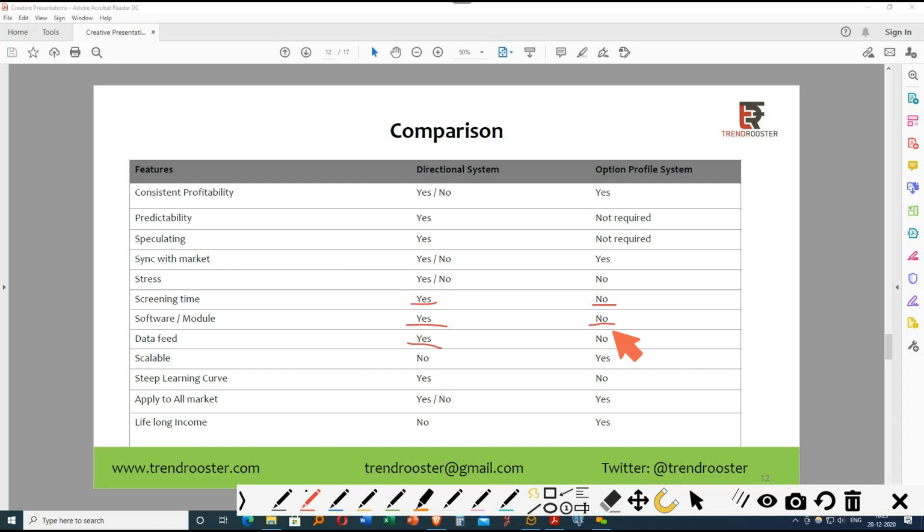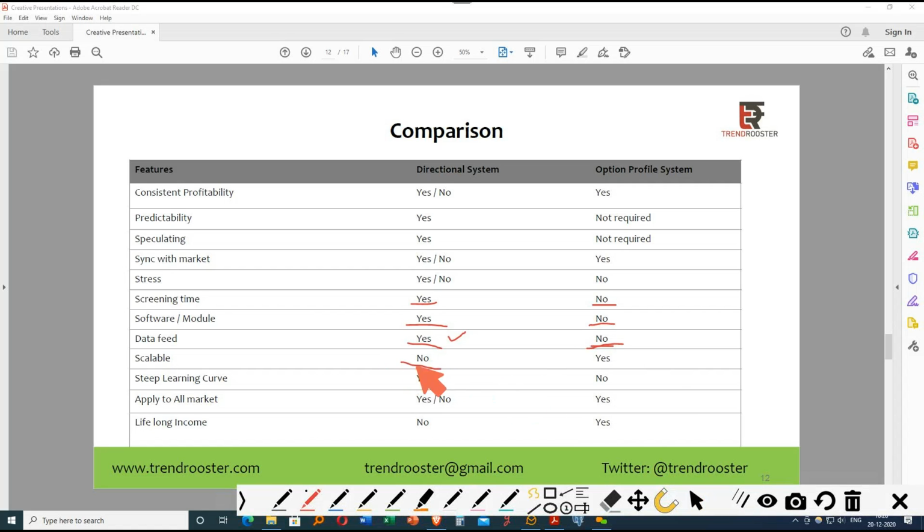Data feed: if you are trading with Ninja Trader, MetaStock, MetaTrader or AmiBroker, you need to buy a data feed also. But the moment you buy Option Oracle, Option Optima or Upstox, everything comes with the data. So you don't have to buy a separate data subscription. Am I right? You might have experienced it. I'm just saying.